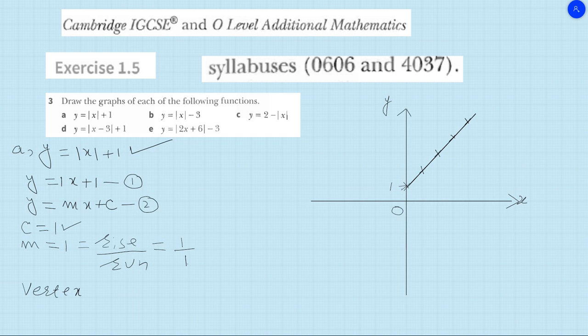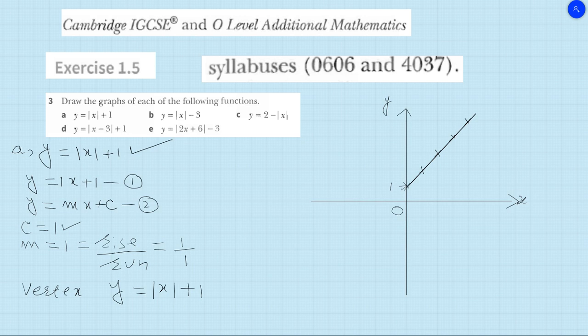If you know the vertex, then the remaining part of the graph is easily drawn with the help of the vertex. How to find the vertex? Take the equation again. What is our equation? y is equal to modulus of x plus 1.